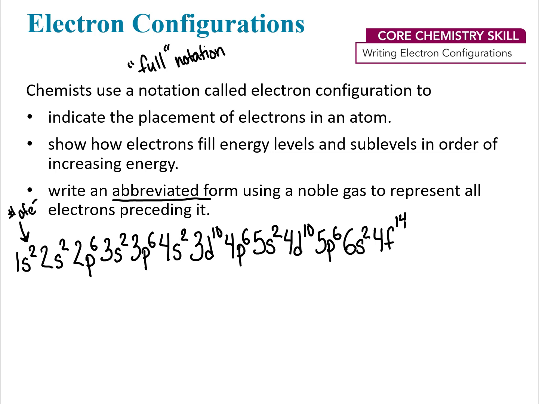So for row 6 and row 7, you're going to fill the s, then the f, then you fill the d, and then you fill the p. The 7th row is a repeat. 7s, 5f, 6d, so close, y'all, then 7p.